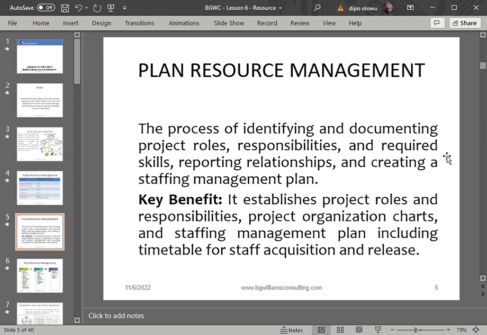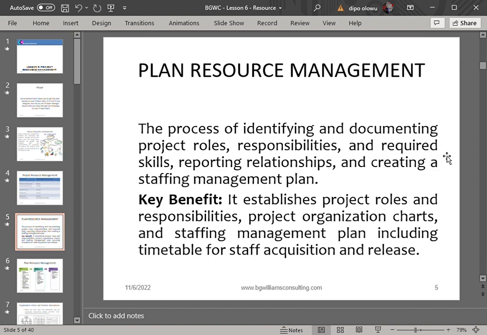Plan resource management is that aspect of the project where the project manager begins to look out for the resources that will be needed for the project. So under plan resource management, the first thing the project manager does is to identify those resources he or she will need in the project. Oh, I will need human resources.